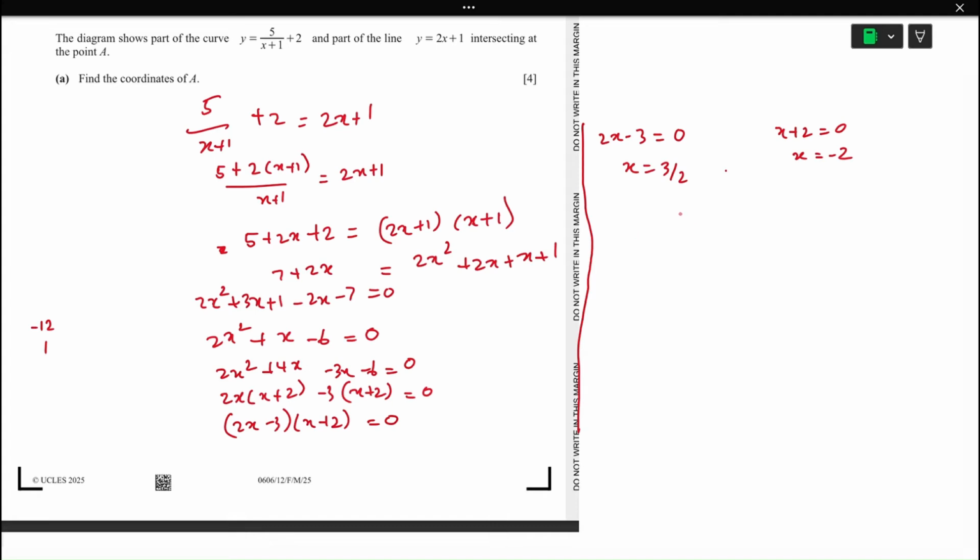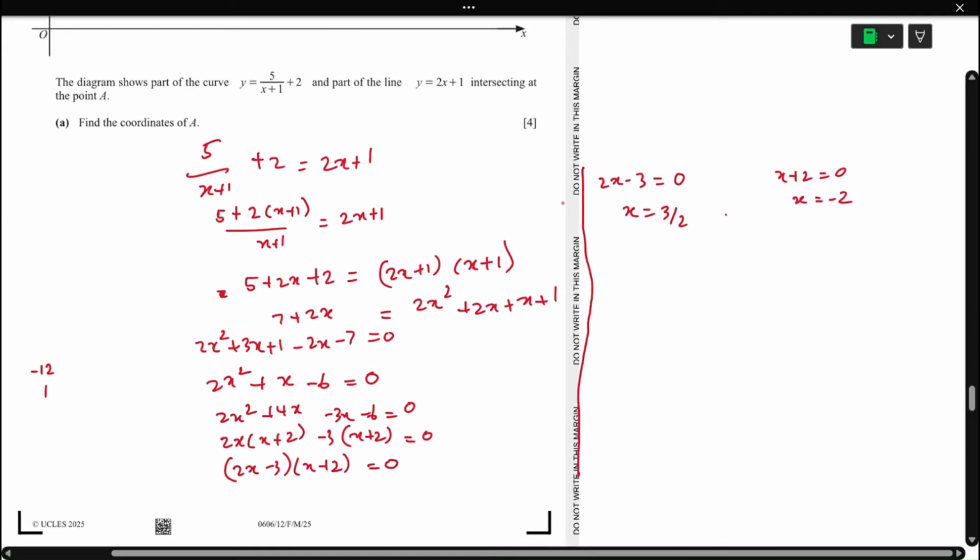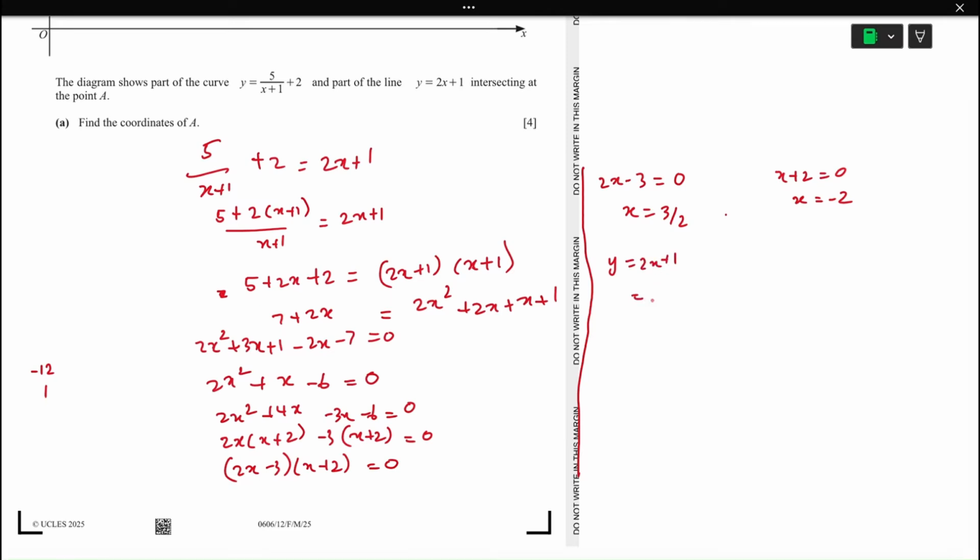So we got the x value, and we need to get the y value. So this value I'll apply in the straight line equation. Y equal to 2x plus 1, so which is 2 into 3 by 2 plus 1. Here this got cancelled, so I'll get the answer as 4. So next one, y equal to 2x plus 1, I'm going to apply here.